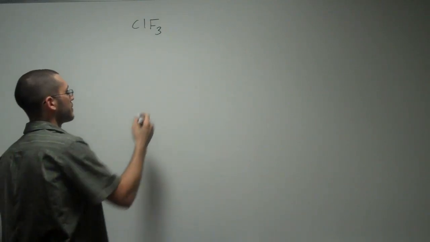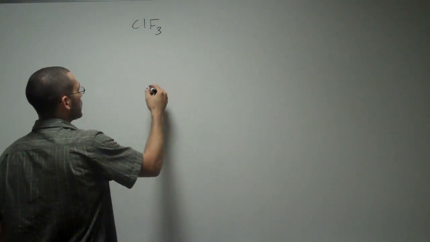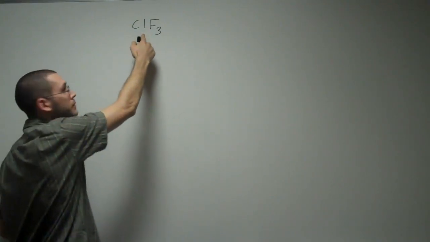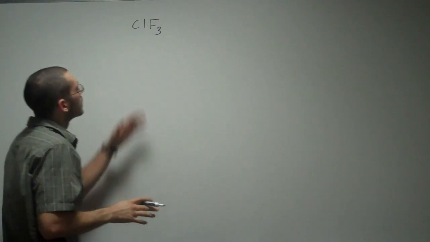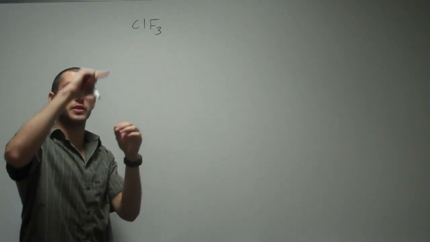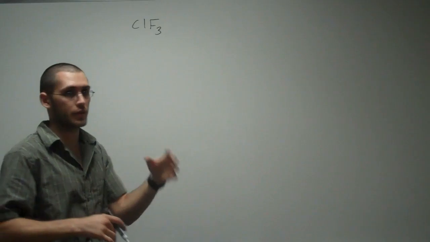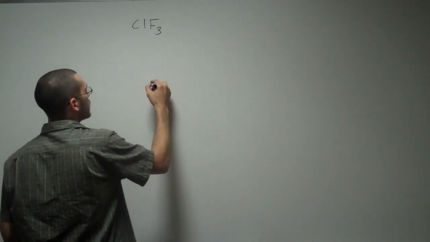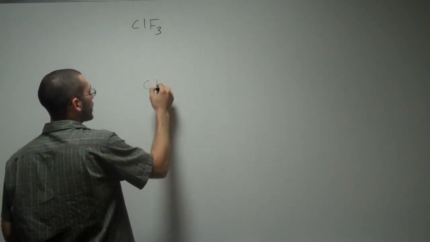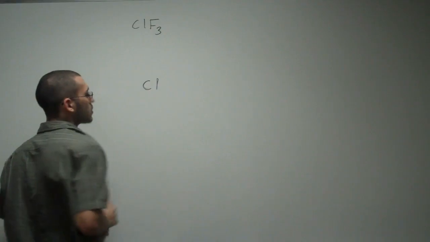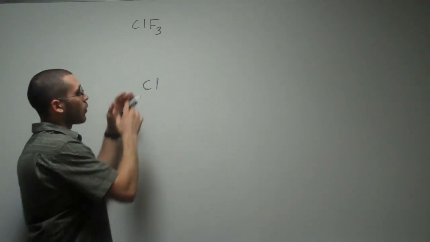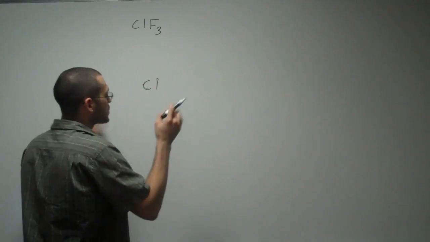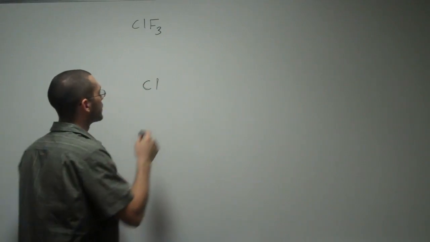So we need the geometry. Since there's only one chlorine, that's probably going to be the central atom. There are multiple fluorines, so they're probably going to be the atoms that surround the central atom. Okay, I have a central chlorine. Now I have a few different ways of orienting the fluorines, so I'm just going to pick some arbitrary way.